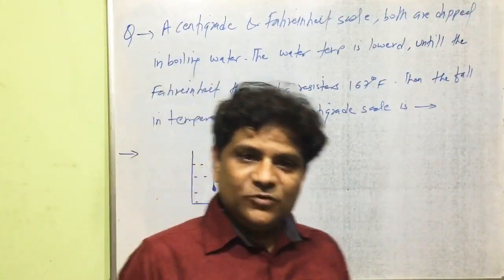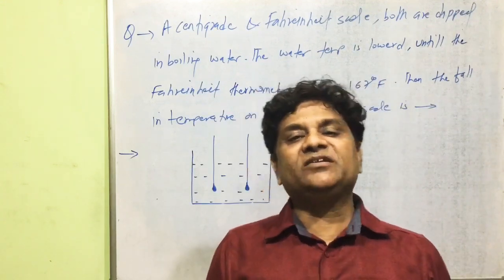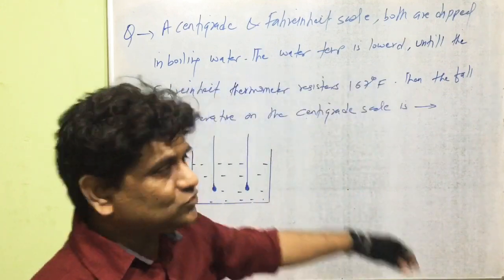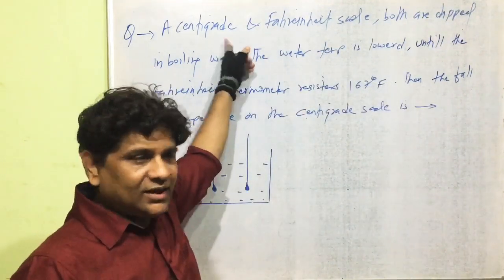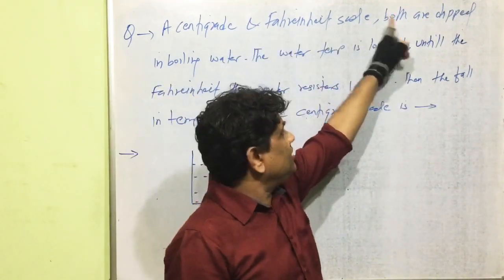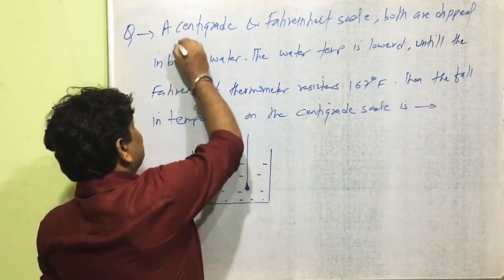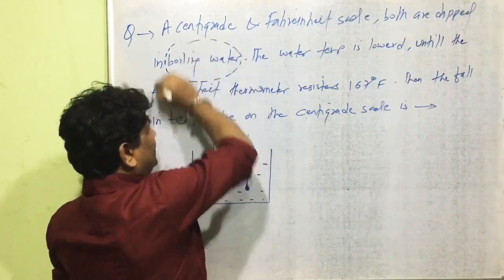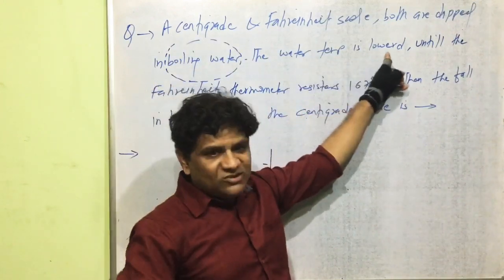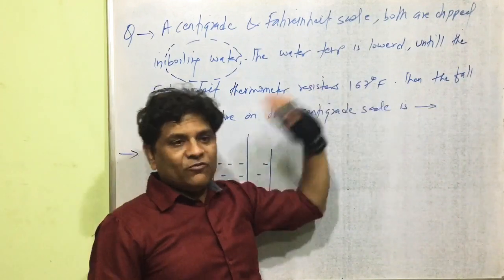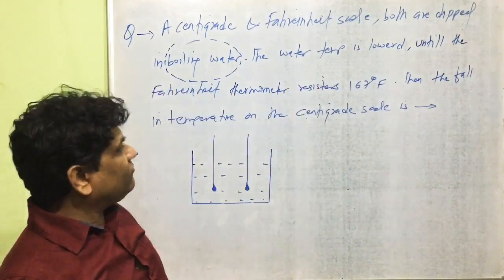Okay, now we can discuss a few questions related to the change in temperature on the centigrade scale and on the Fahrenheit scale. First question: centigrade and Fahrenheit thermometers are both dipped in boiling water. The water temperature is lowered until the Fahrenheit thermometer registers 167 degrees Fahrenheit.